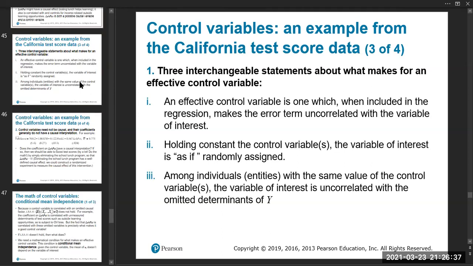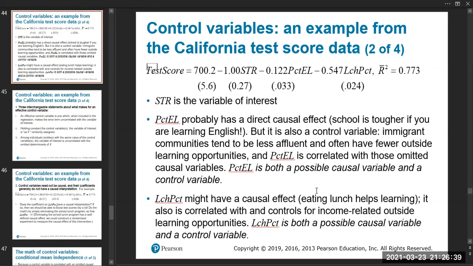Why do you want to control for family income? Because you can argue that family income first affects test scores, and second, family income might be related to STR. So including that, you will end up getting a different beta 1 for STR again, right?